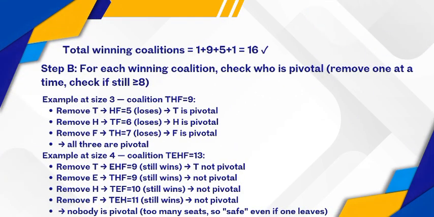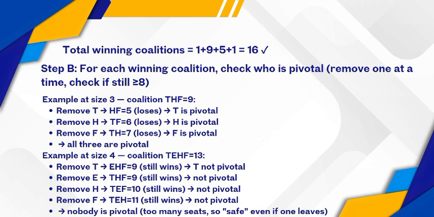Now here's the key step. For each winning coalition, we check each member one at a time and ask, if this faculty left the coalition, will it still win? Let's take an example. Say law, social science, and medicine team up. That's 9 seats total, so they win.